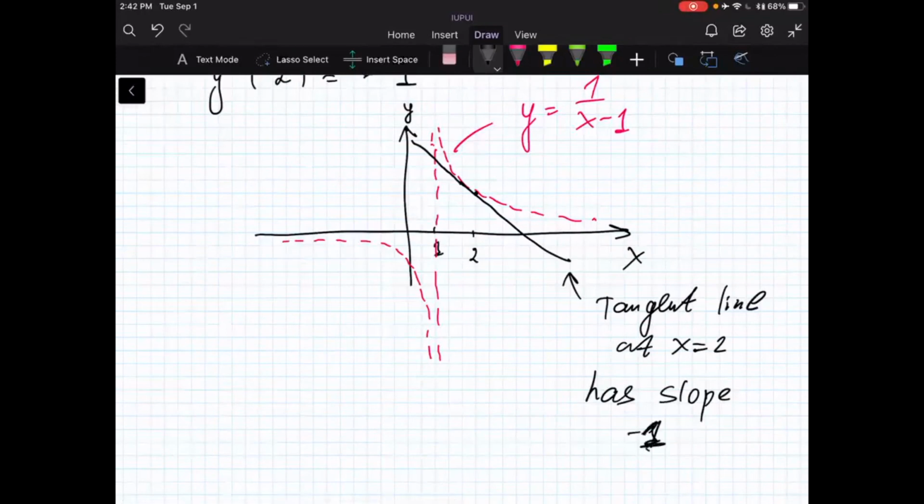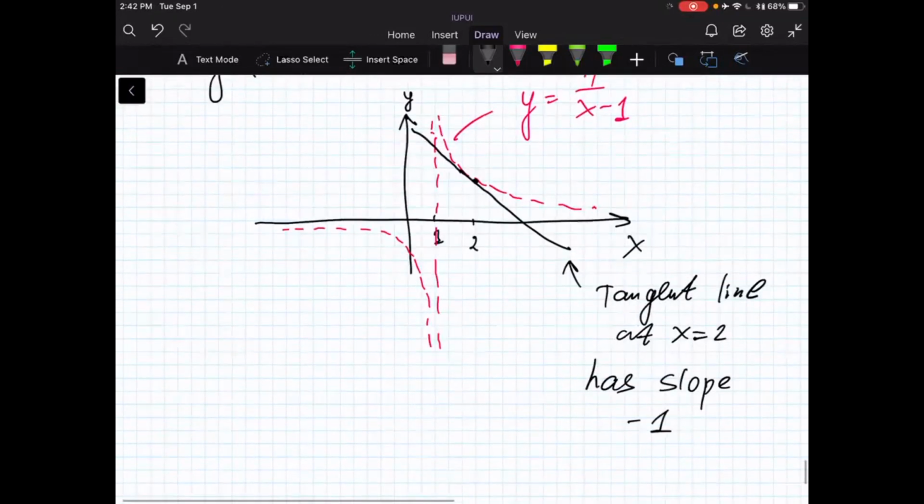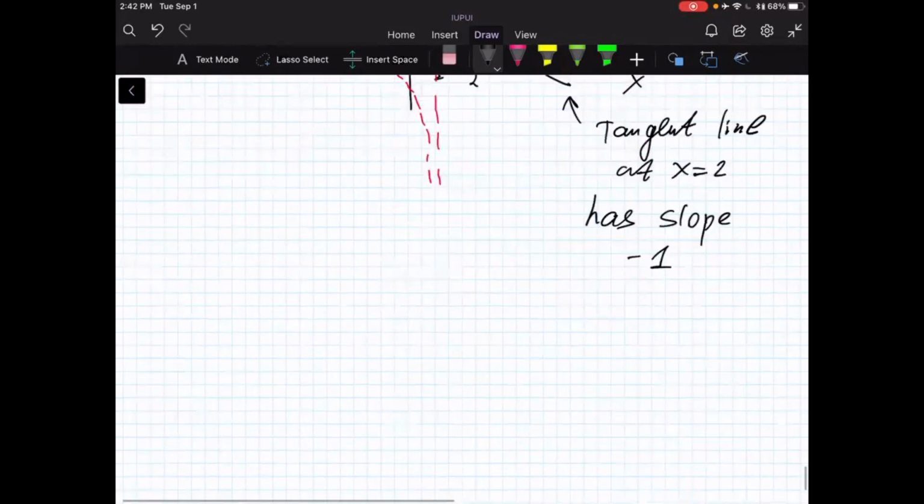And in fact, we know that this straight line goes through a specific point. As we discussed, the tangent line touches the curve at that point, and also we calculated the slope of this straight line. And that means that we can find the equation of this line, in fact.